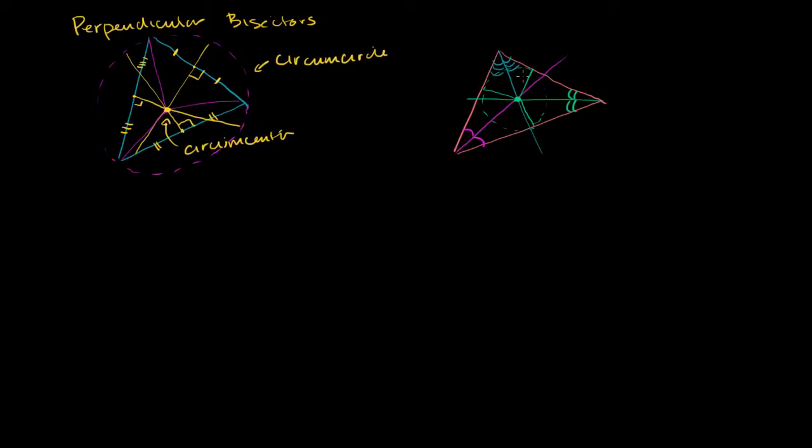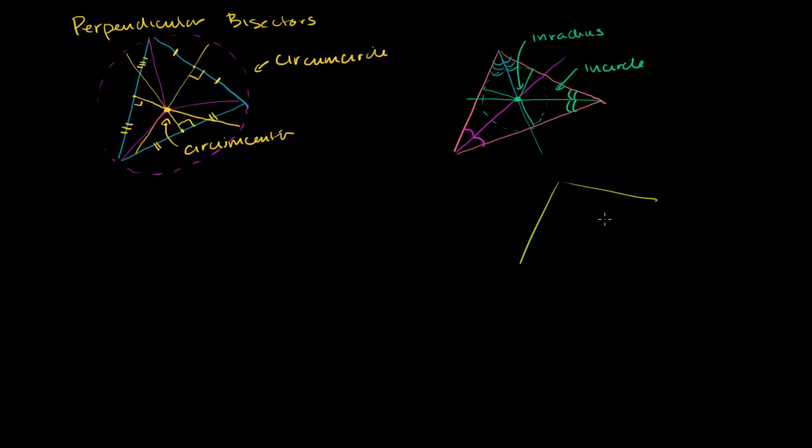And because it's kind of inside the triangle, we call it an incircle. And this point, which is the intersection of these angle bisectors, we can call the incenter, and the radius the inradius.